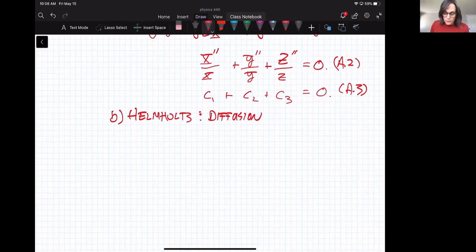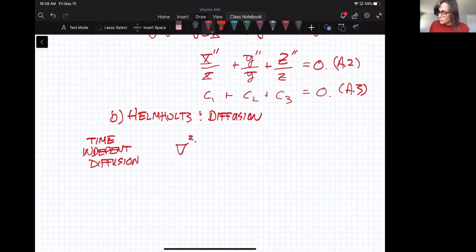In that case, we'll start with the time independent diffusion, which kind of seems like an oxymoron, but we're looking at an equilibrium condition. So the time independent version of this is del squared psi plus k squared psi is equal to 0.